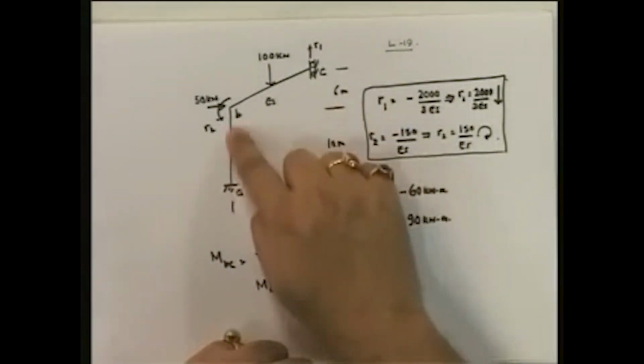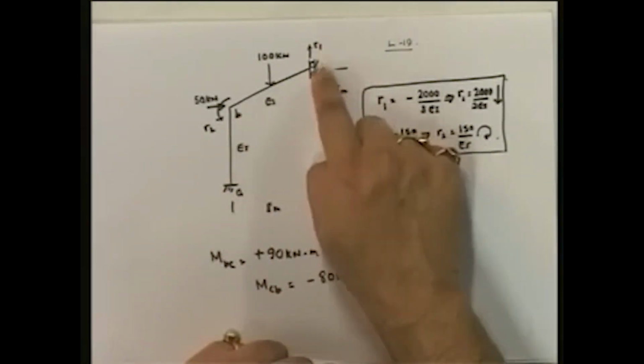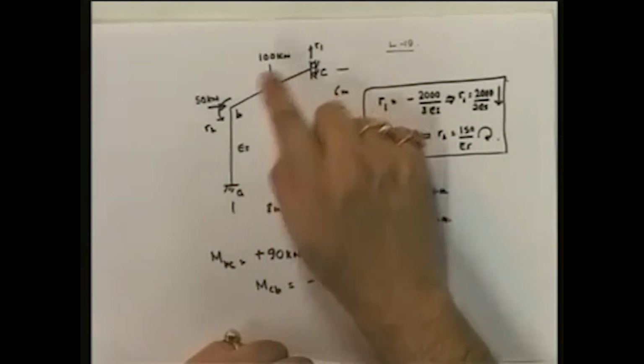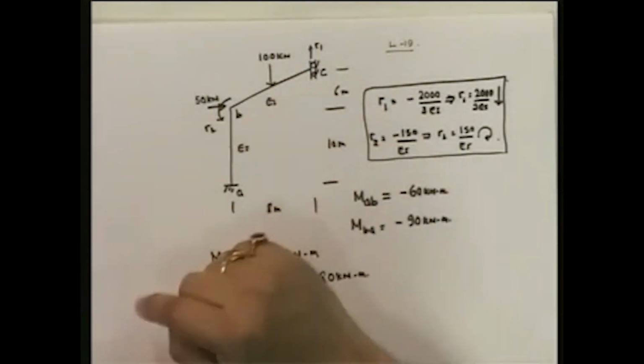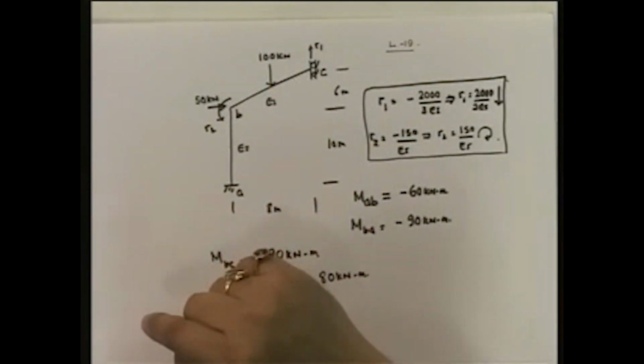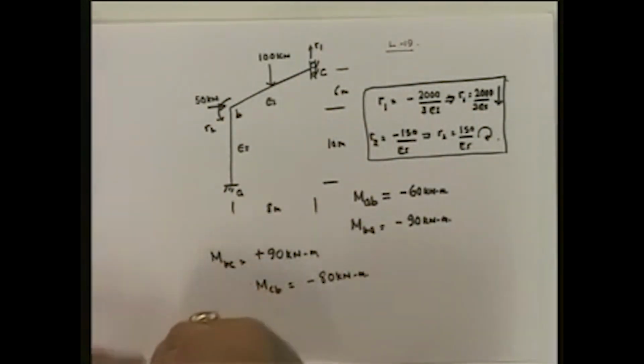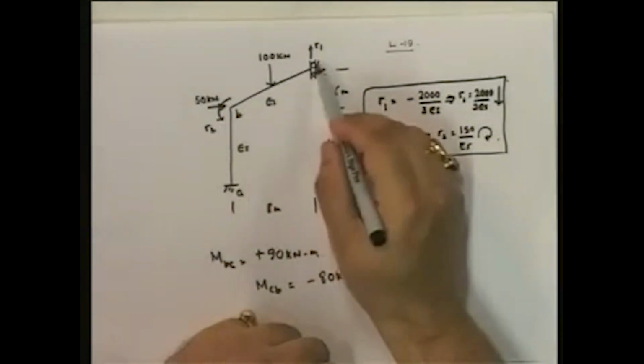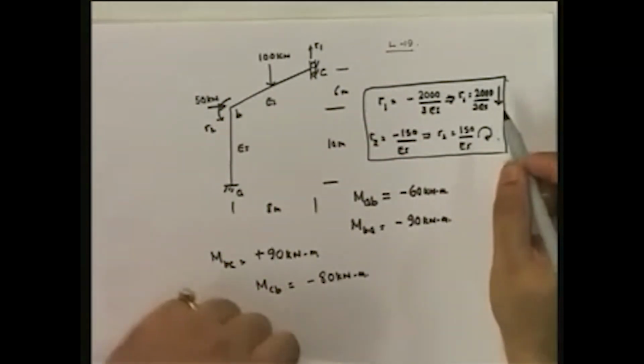Remember that this was the ABC frame with a 100 kilonewton load here, 50 kilonewton load here. R1 and R2 were the two degrees of freedom, displacements corresponding to the degrees of freedom.